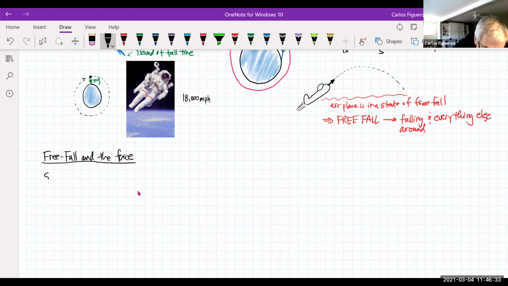So suppose one drops an air filled and a lead filled tennis ball.